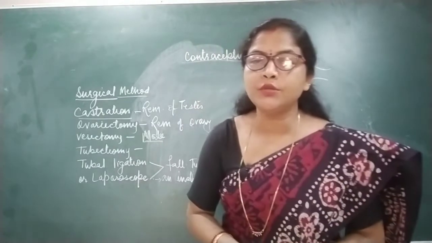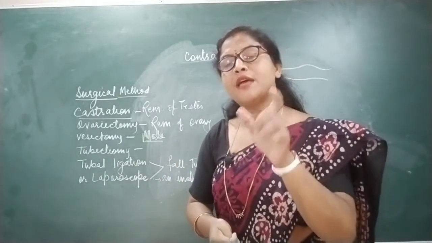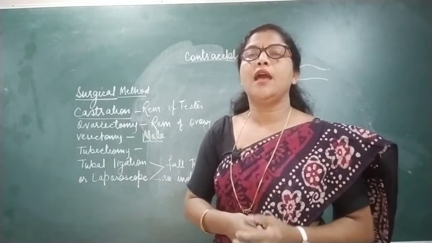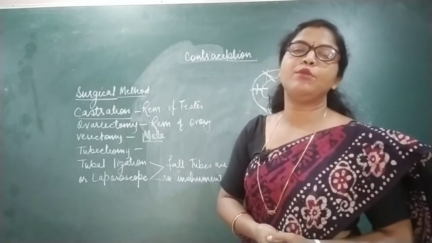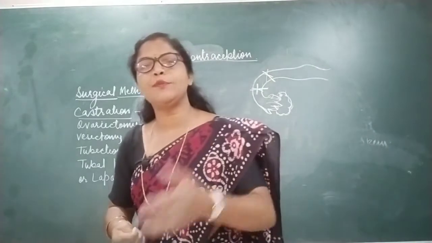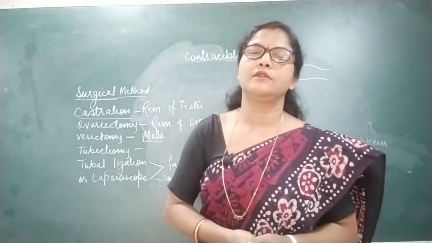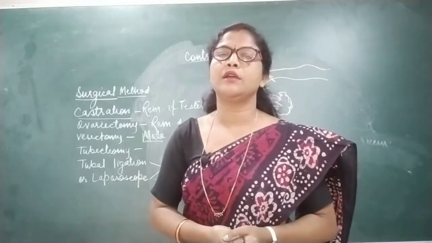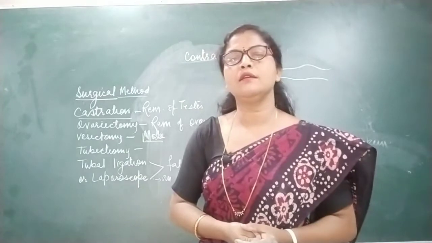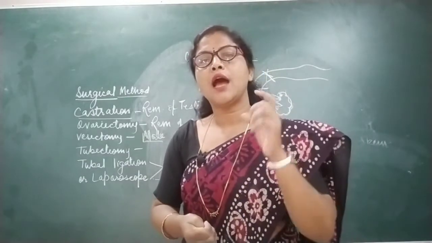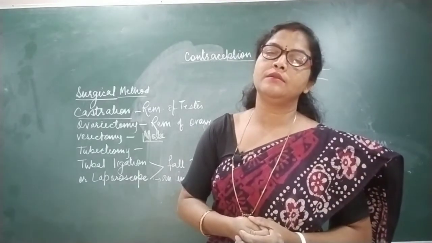So I would request you, go through all this and try to solve some questions. I'm asking some questions. See if you have understood, you'll reply to me properly. What are the different methods of contraception? What do you mean by contraception? How can you explain natural method, barrier method, IUD, chemical method and surgical method?